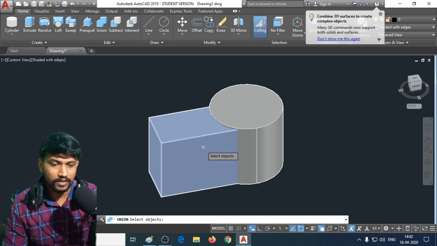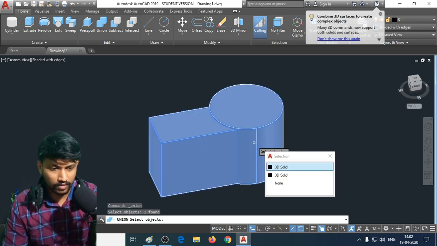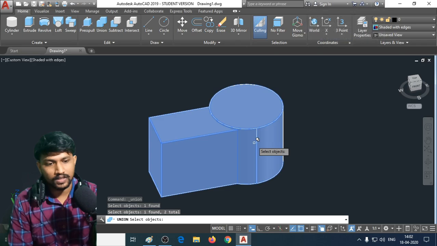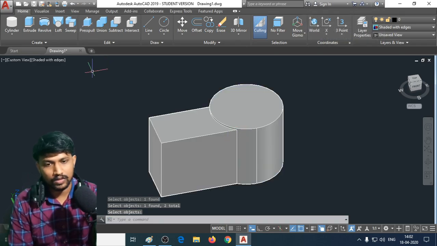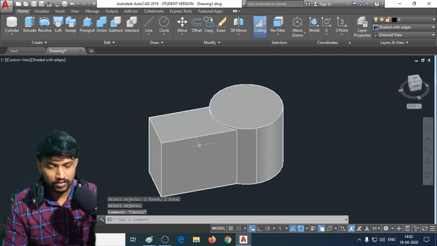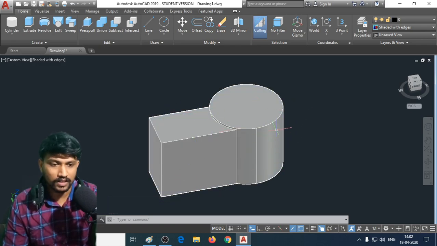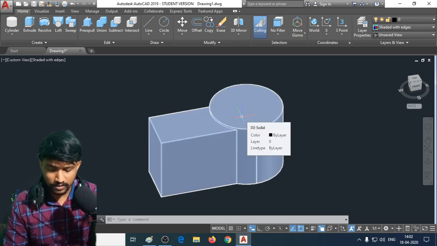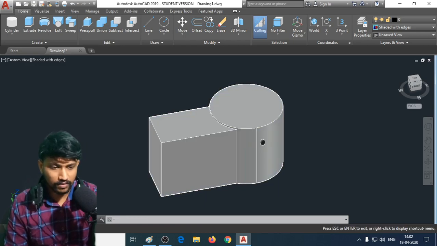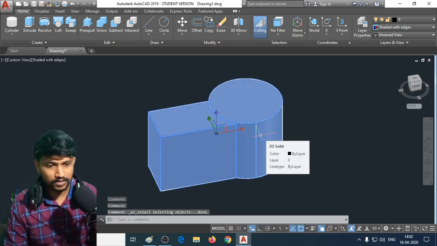Union command means when we use it on two different objects, it is going to make two different objects as one. See, now if you take your cursor to any one of these objects, both objects are getting selected. That is what union does. I'll tell you guys about the applications in a later class, but for now just see this part.